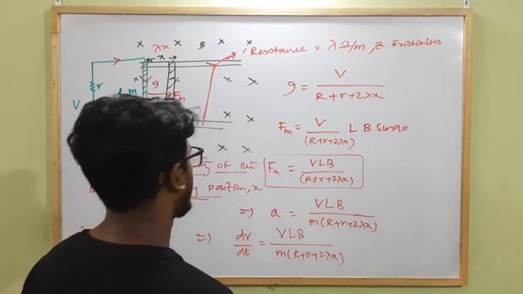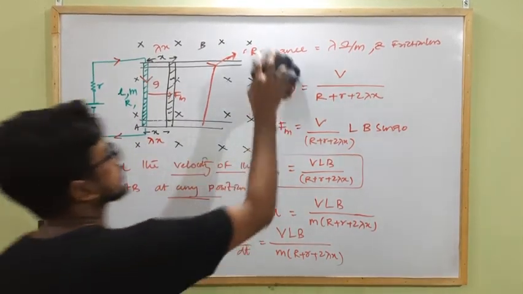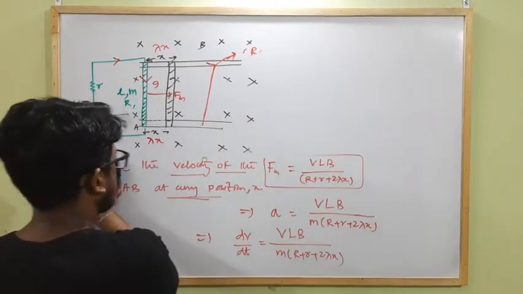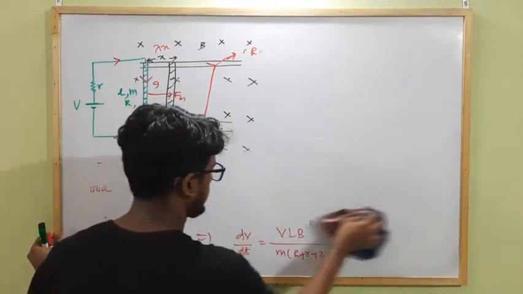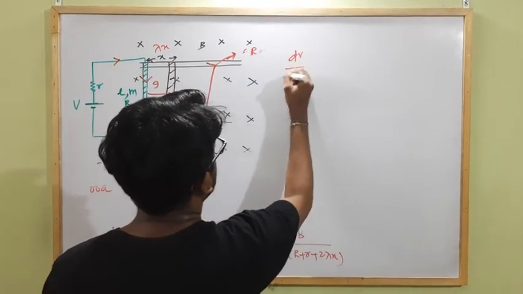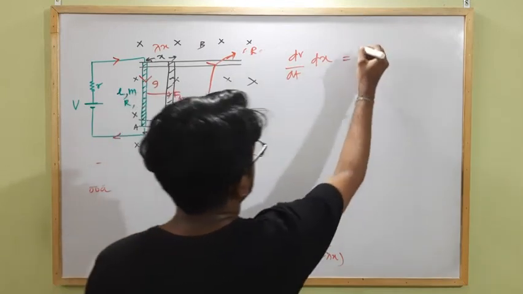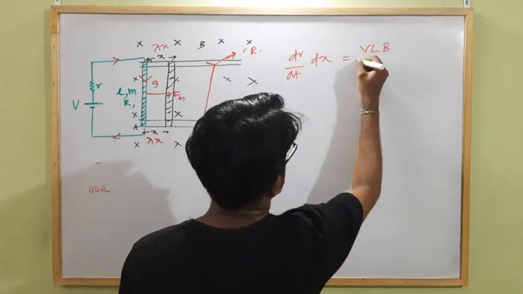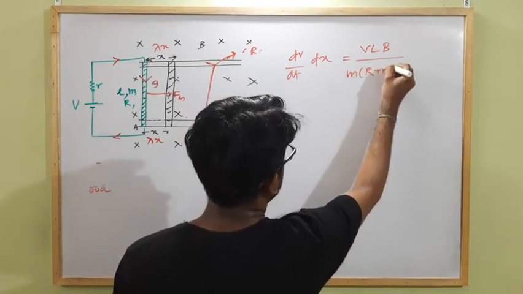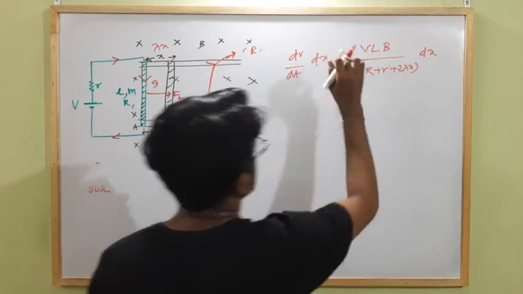dv by dt can be written by multiplying dx on both sides. So from this we will get dv by dt into dx equal to VLB divided by M into R plus 2 lambda X into dx, multiplying dx on both sides.